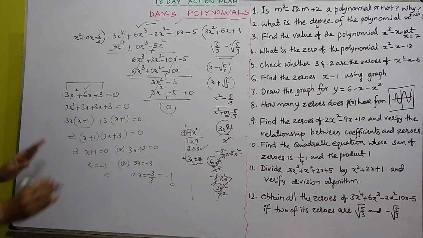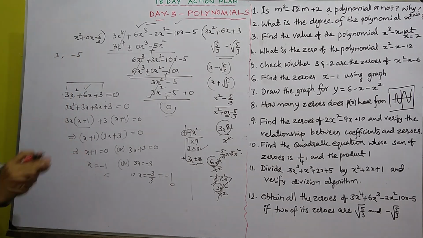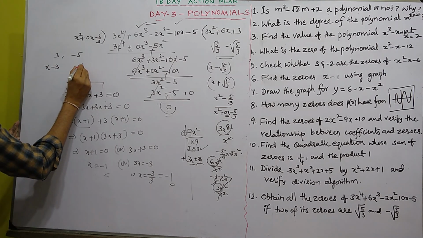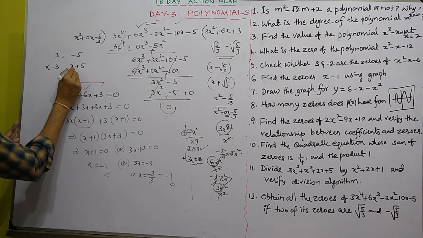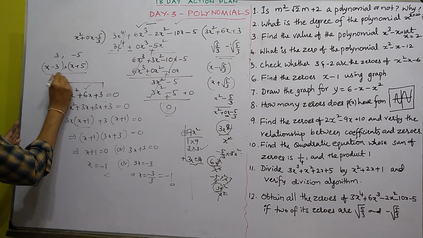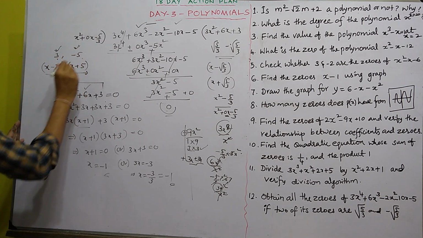So from this we can say whenever we have 3 and minus 5 as zeros to some polynomial, then change its symbol and make it minus 3 and add x. Change its symbol, make it plus 5 and add x. Now these two, if you multiply, you will get a polynomial which will have the zeros as 3 and minus 5.